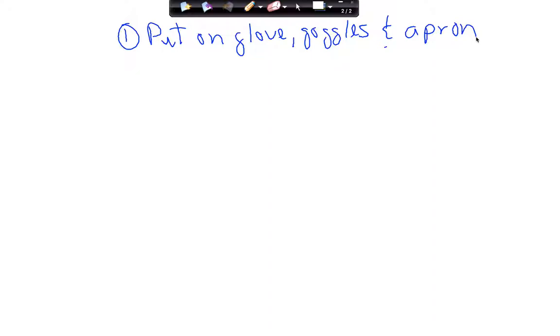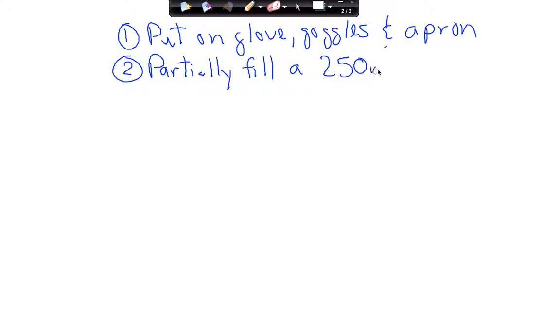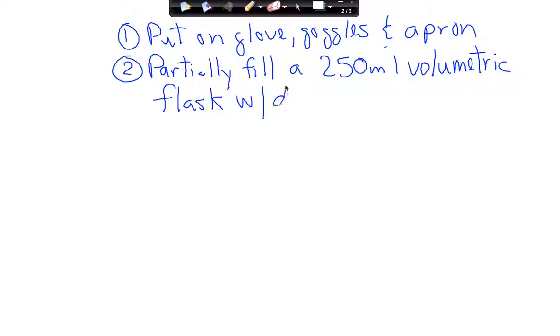Get the idea? Okay, so guys, this then is how you need to proceed with this. You are going to partially fill a 250 milliliter volumetric flask with distilled water.